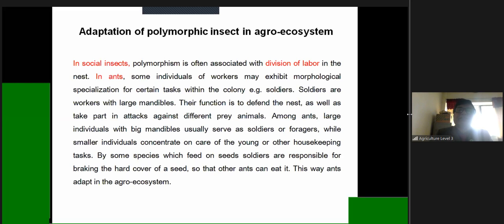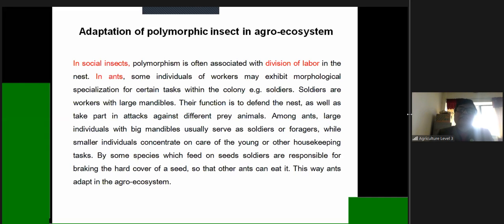As for example, in ants, some individuals of workers may exhibit morphological specialization for certain tasks within the colony. As for example, soldiers. In case of ants, they have different castes. One of the castes is the soldier, and soldier is produced with some morphological modification. And what is the modification?